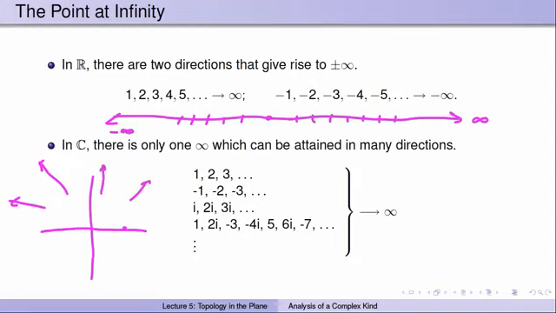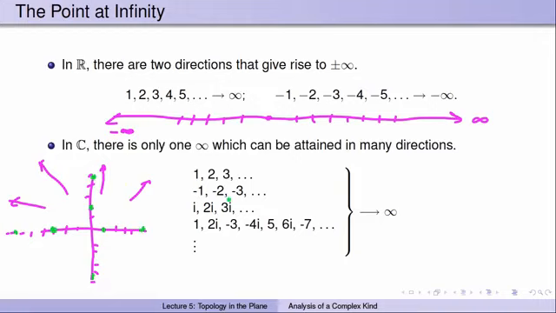So 1, 2, 3 is one way of getting toward infinity. Or -1, -2, -3, -4, -5, that also goes toward infinity. But you can also go on the imaginary axis, or on the negative imaginary axis, or you could even go in circles. So 1, 2i, -3, -4i, 5, 6i.